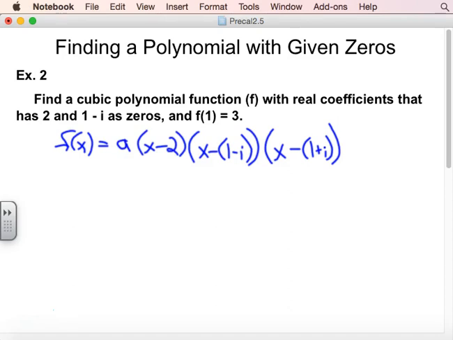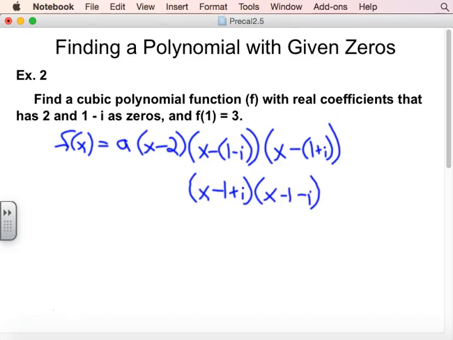The first thing we want to do is multiply the two terms that have x minus the imaginary numbers. The simplest way to do this is to distribute the minus: minus 1, and minus a minus i is plus i. And same thing over here, minus 1 and minus i is minus i.